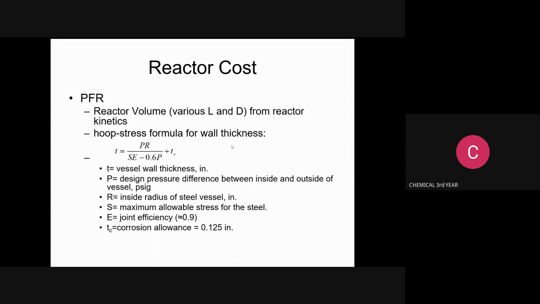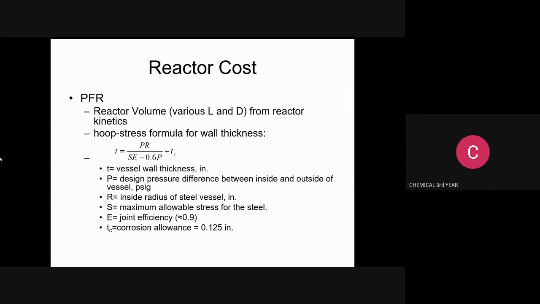Now E is the joint efficiency. We have to calculate the efficiency initially according to the reactor design. For that formula we can assume approximately 0.9.